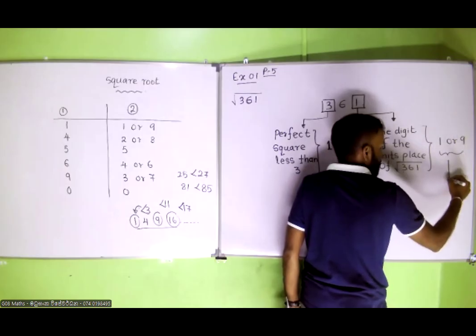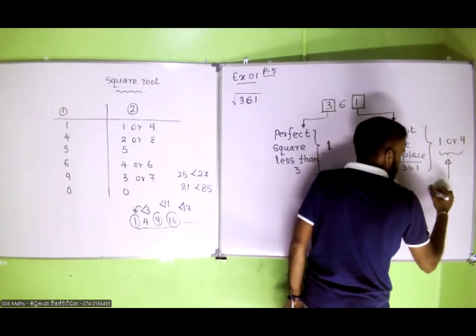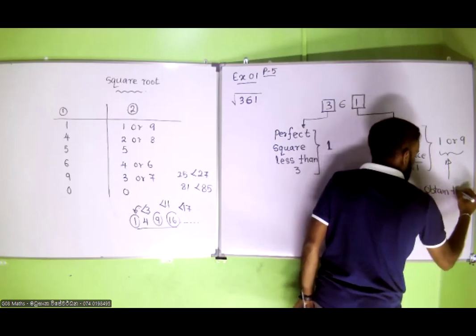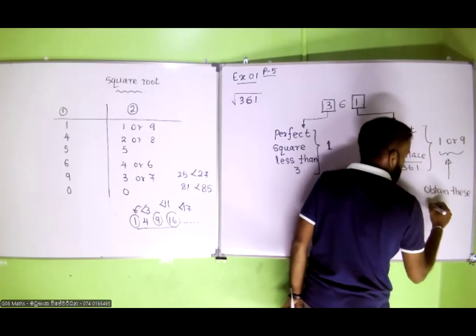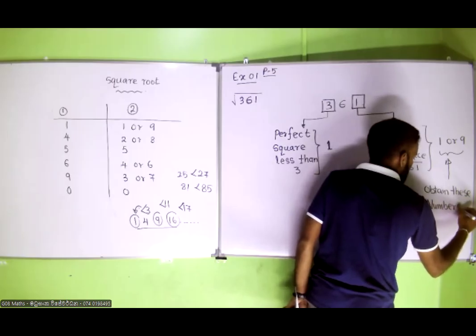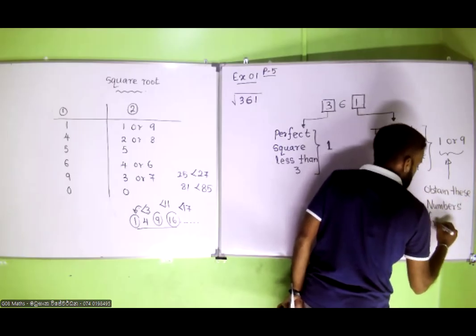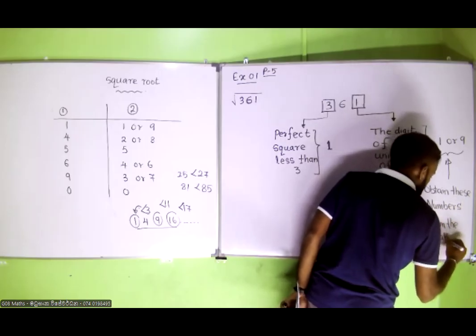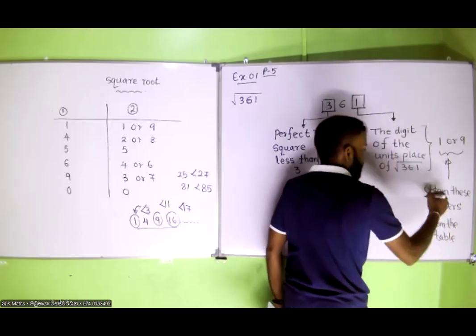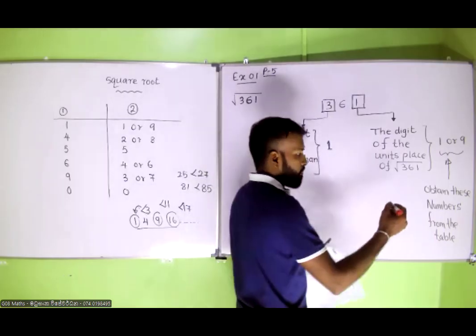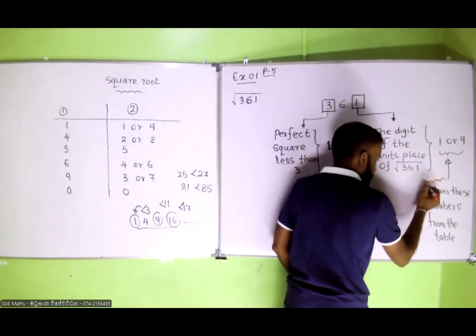For your understanding, obtain these numbers from the table. Maybe important, right? No need to write it for each and every step. This is for your understanding.